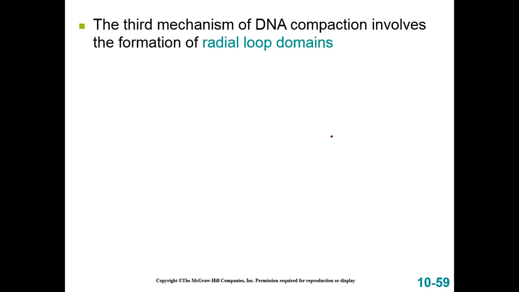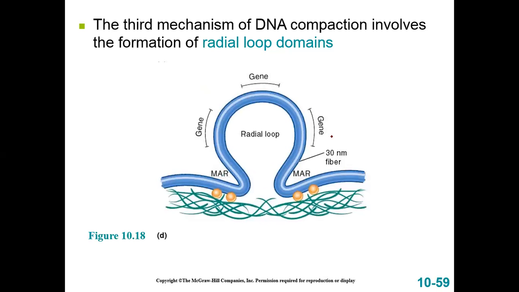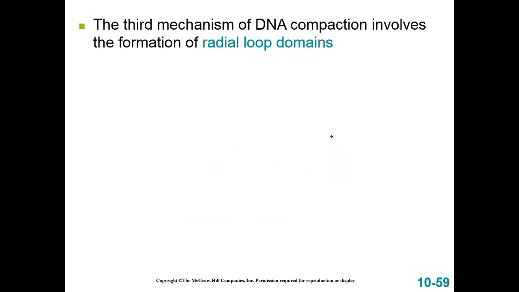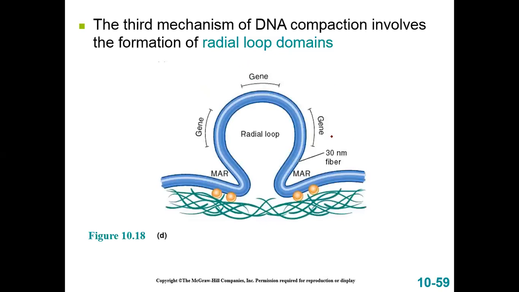The third mechanism of the DNA compaction involves the formation of radial loop domains. This type of domain is formed after the interaction with the matrix proteins. The loops are formed. Here you can see these loops are known as the radial loops.